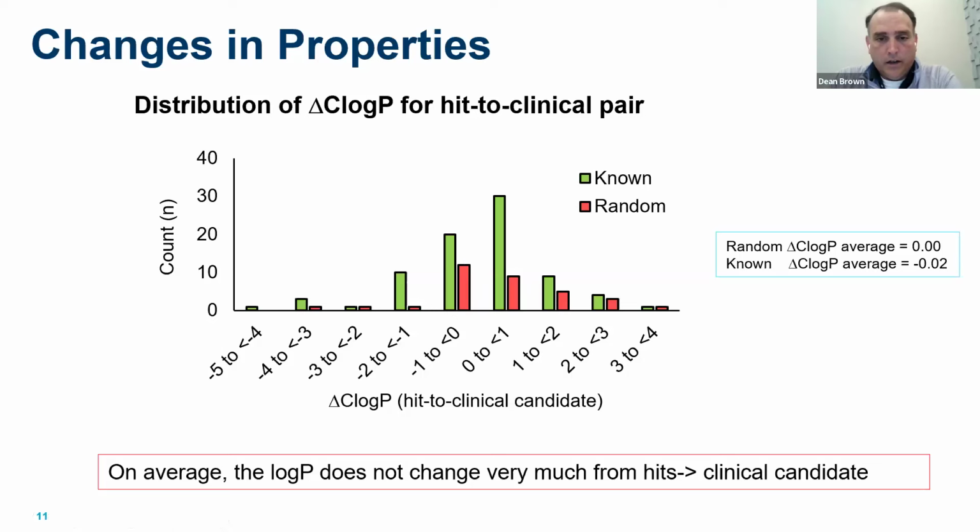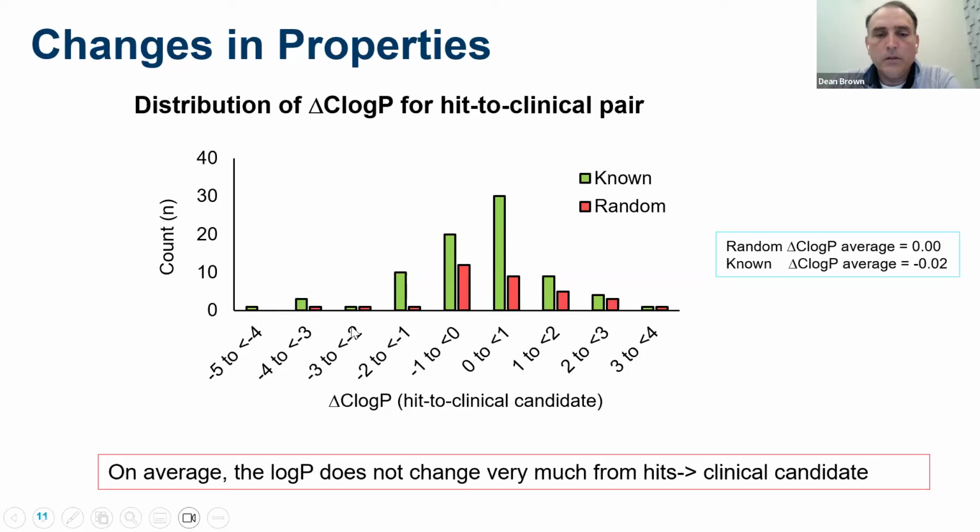There are many examples on the right-hand side of this histogram where you're adding lipophilicity to the hit to get your clinical, but the thing that jumps out to me is there are very few examples on this side, and even fewer the more lipophilic you get, of starting with a hit structure and lopping off a substantial amount of lipophilicity. This bar graph is weighted more heavily to the right-hand side.